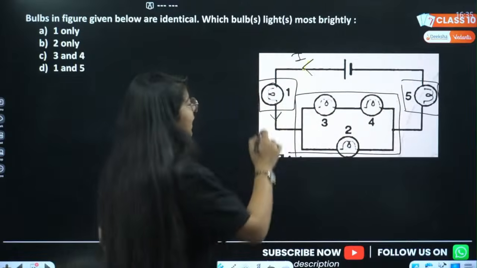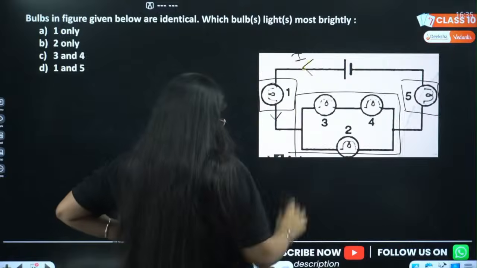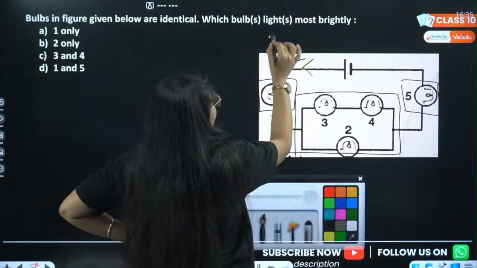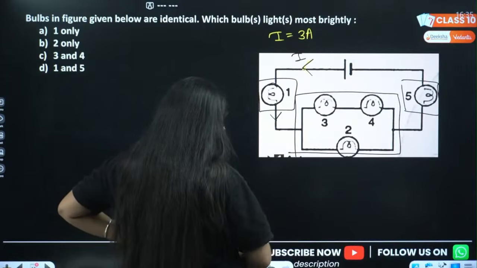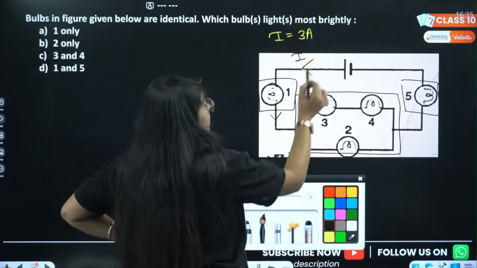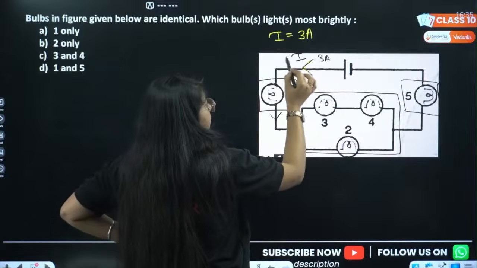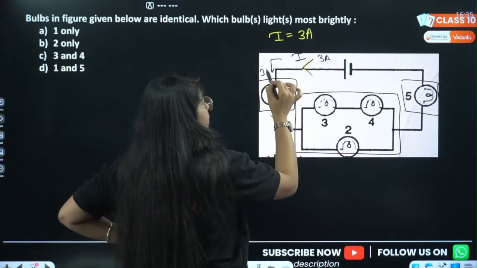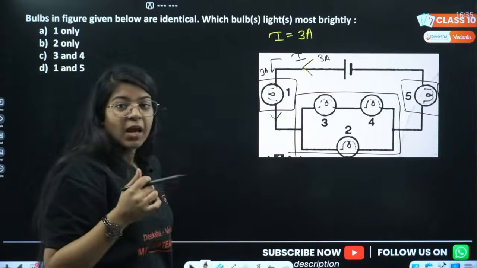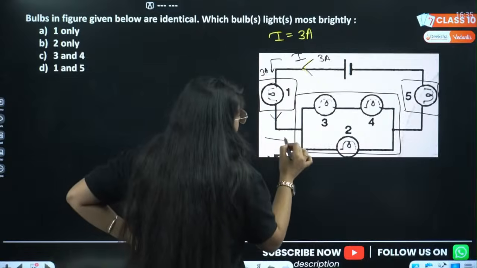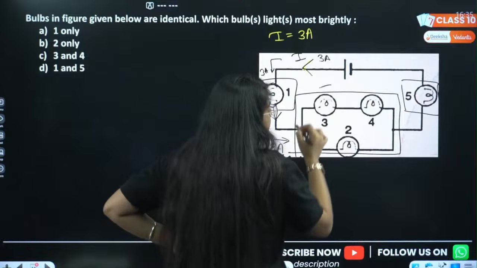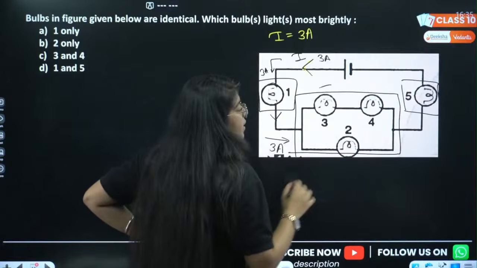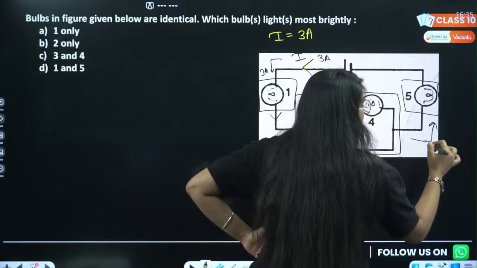So let's say the current value is 3 ampere. I'm just assuming to make you understand. If this is 3 ampere, that same current will go here, again 3 ampere, and then again 3 ampere here.